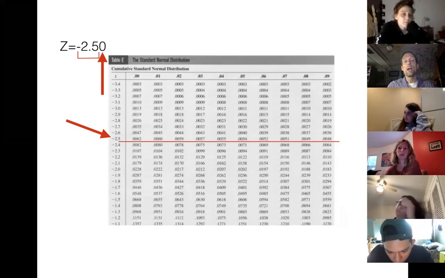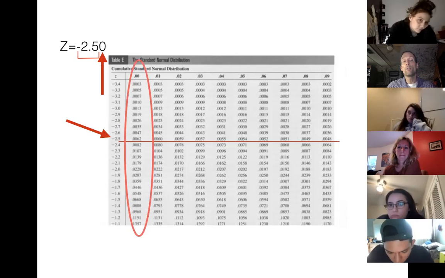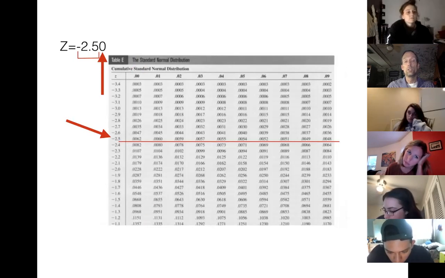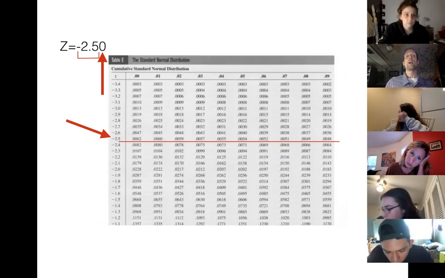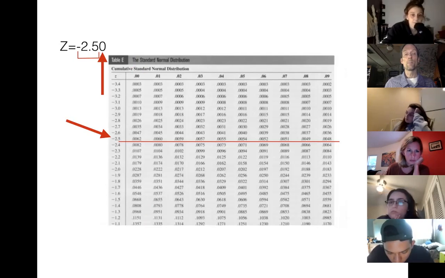I'm next going to account for my hundredths digit. And to get the hundredths digit factored into things, that's where I have to use the top row. The top row that reads 00, 01, 02, 03, and 04. Those values up there are controlling for the hundredths digit in our Z-score.